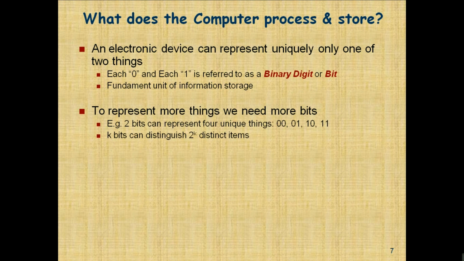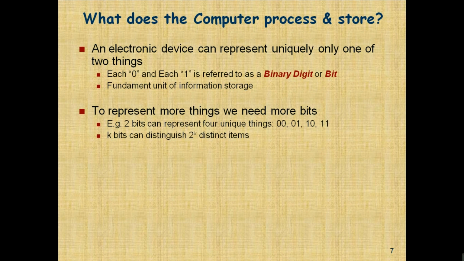To represent more things, we need more bits. For example, 2 bits can represent 4 unique things: 00, 01, 10, and 11. With the help of 2 bits, you can generate 4 different combinations.